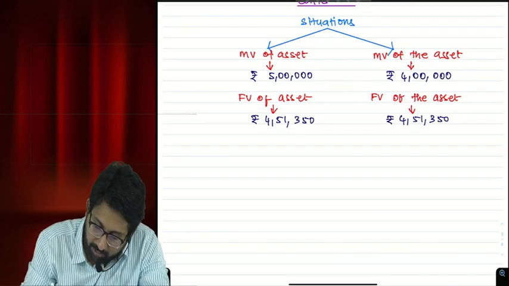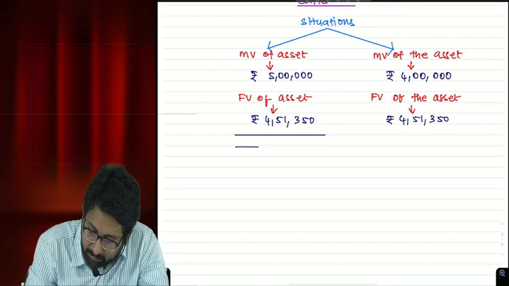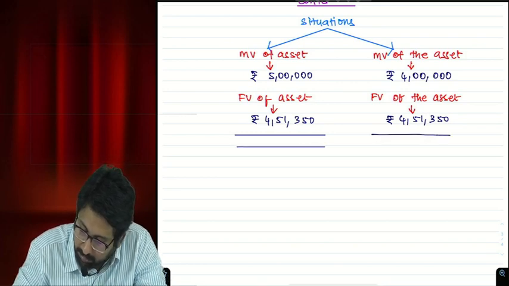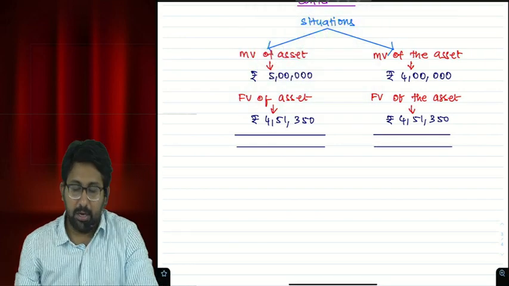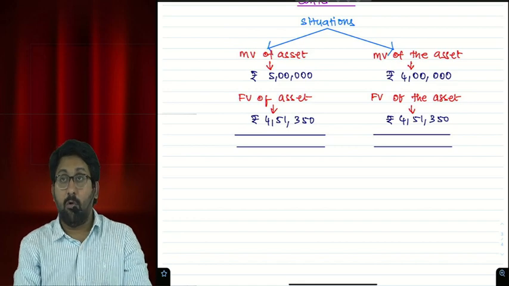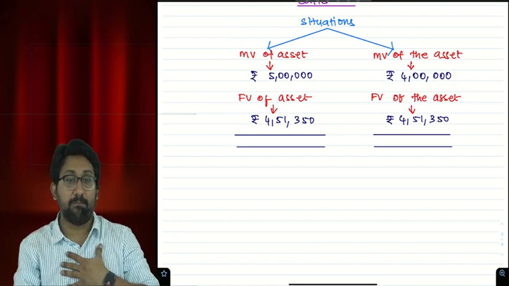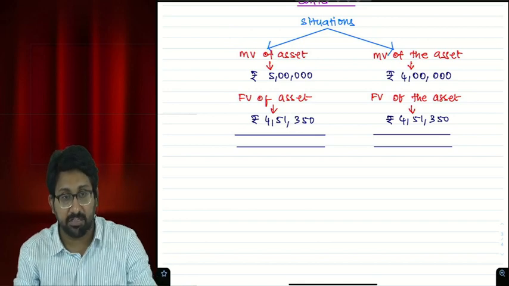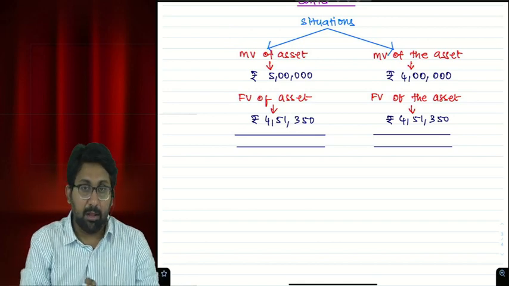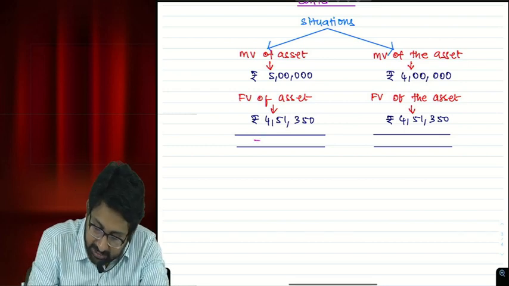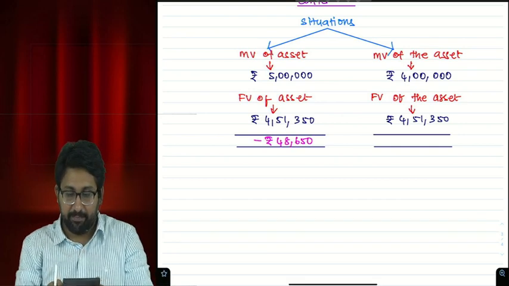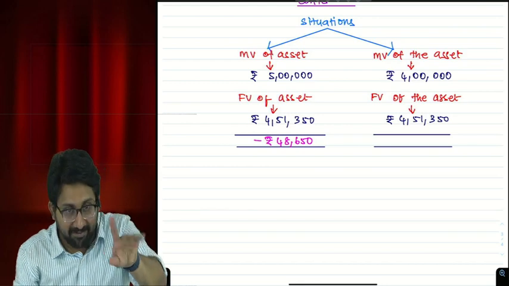Now, if you compare both of them, tell me, how much is the worth of that machine to me, my company, to the valuer? 4,51,350. But what is the market value of the asset? It is 5 lakh. That means I have a negative number of rupees, 48,650. This we call a negative NPV.